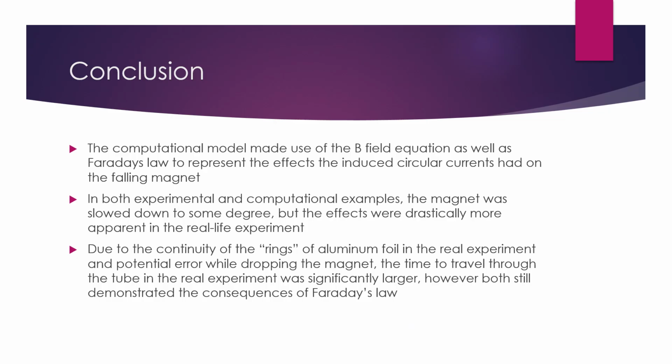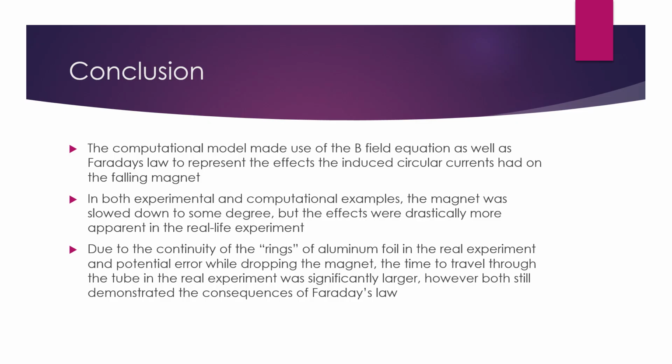So in conclusion, the computational model made use of the B field equation as well as Faraday's law to represent the effects the induced circular currents had on the falling magnet. In both experimental and computational examples, the magnet was slowed to some degree. The effects, of course, were more drastically seen in the real-life experiment, and that makes sense because in the real-life experiment, it's not separate rings as shown in the computational model.